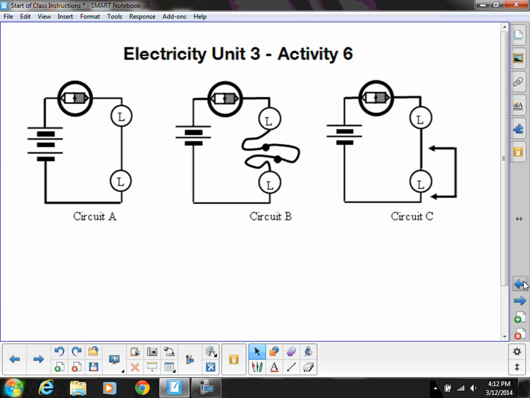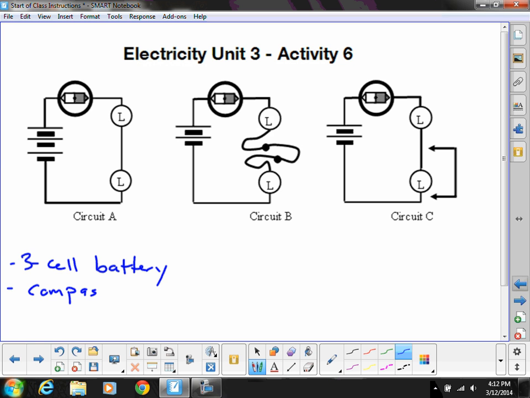So as far as materials that you're going to need in order to complete this lab, you're going to need a 3-cell battery pack. You're going to need a compass. Again, the compass is used to measure charge flow, so take all the necessary precautions for using the compass again.